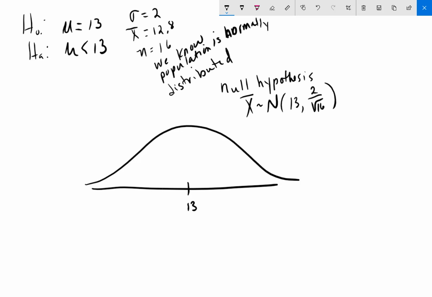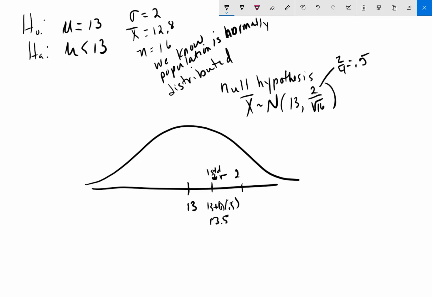It's got a mean here. One standard deviation away is 13 plus 1 times the standard error, 2 divided by 4, which is just 0.5. It's a half.